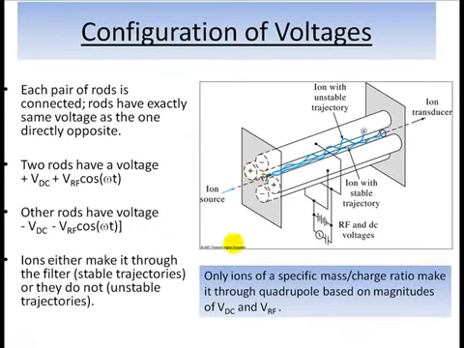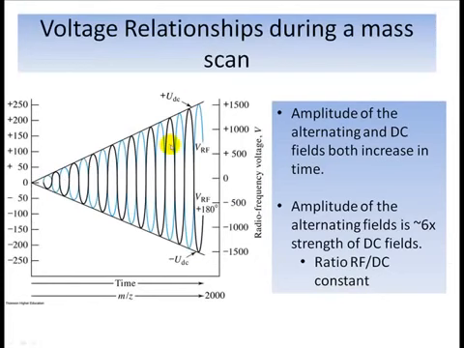Basically, ions either make it through this filter and are detected by this ion transducer, or they do not make it through the filter. Only ions of a specific mass-to-charge ratio make it through the quadrupole at any particular time. Whether an ion makes it through depends upon the magnitudes of the DC and RF voltages at that given point in time.